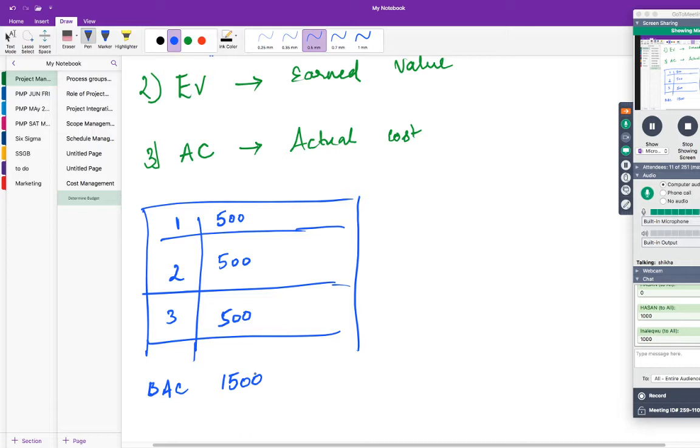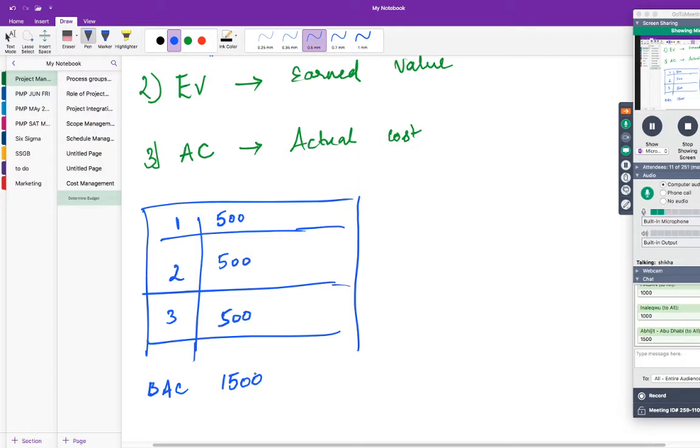So if I ask the planned value as on the second day, or the cumulative planned value, your answer would be $1,000. When I ask what is the cumulative planned value at the end of your project, that will be equal to your budget at complete, which is 1,500. Fine. So this is planned value.